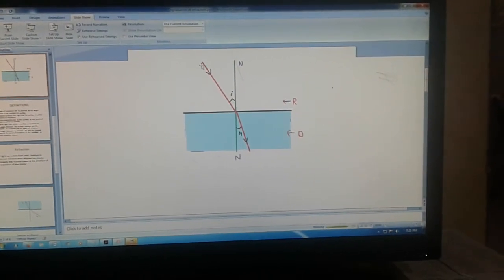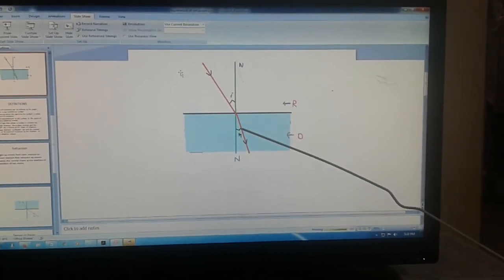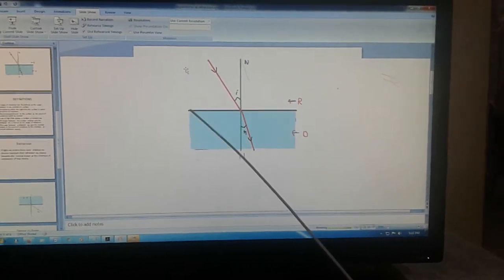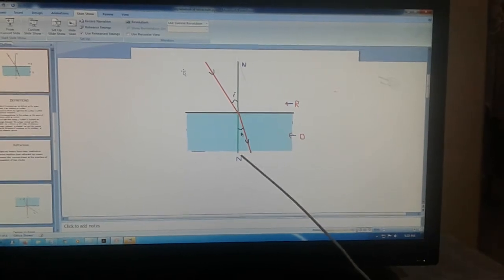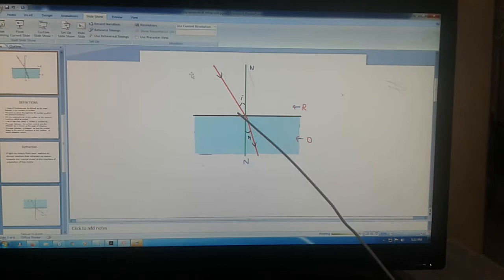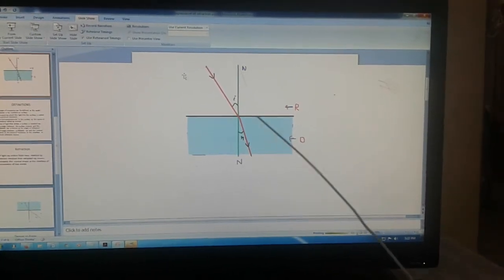So once again, listen. This is the incident ray, this is the refracted ray, this is the surface, the interface, the water surface, and this is the normal. NN represents the normal, which is a perpendicular line, 90 degrees, drawn to the surface of the water.